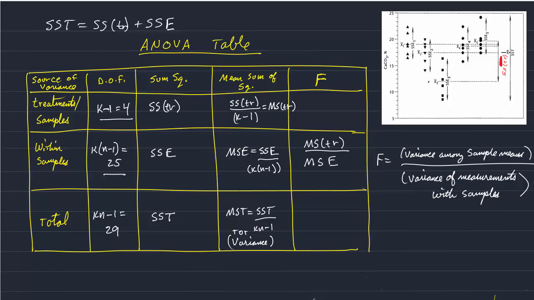It's a fraction between these two sources of variance.